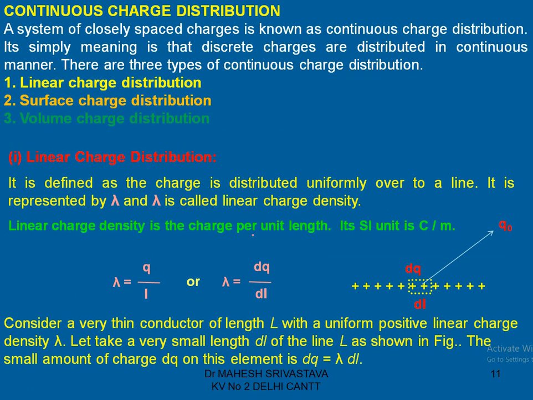Now another topic is continuous charge distribution. Basically, a system of closely spaced charges is known as continuous charge distribution. Its simple meaning is that the discrete charges are distributed in a continuous manner, and it is divided into three categories.